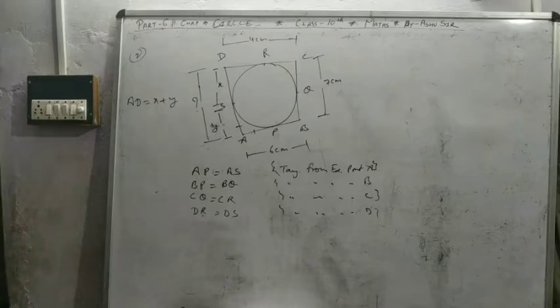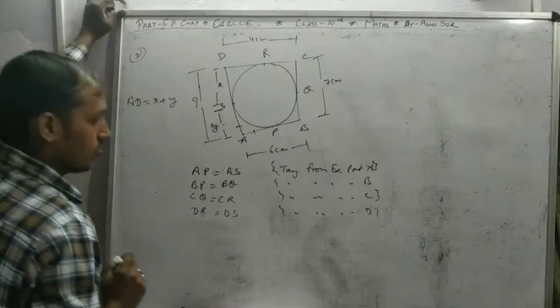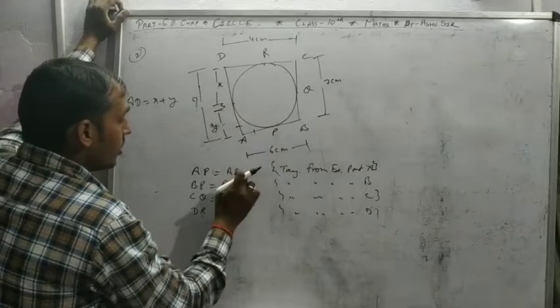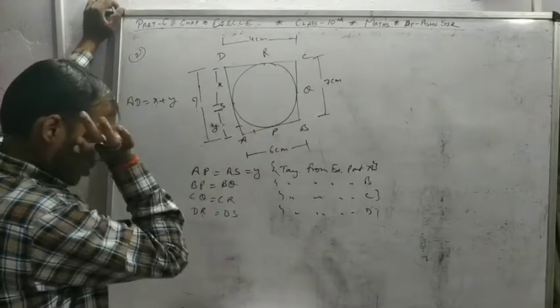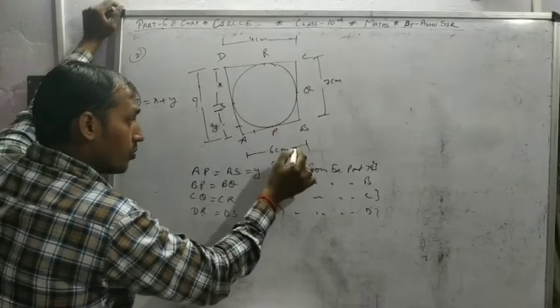So what can you say about this here? Let's see. AP is equal to AS is equal to Y. So what's the length of BP?